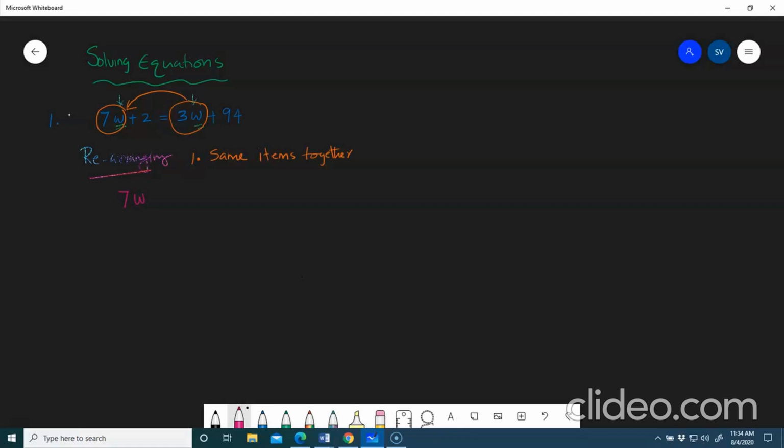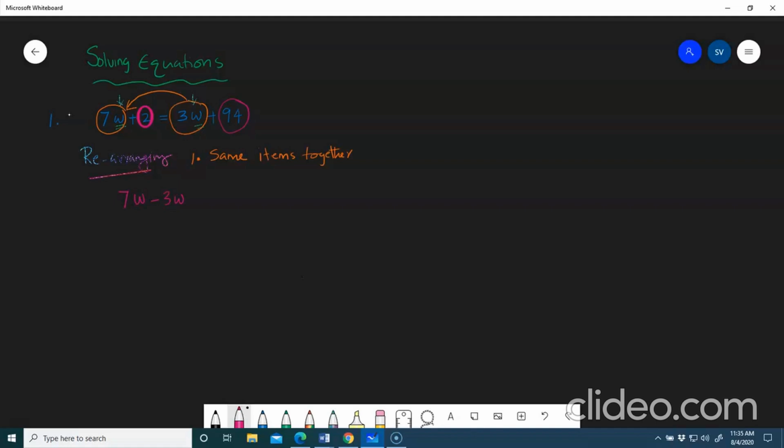If it is negative, it will become positive. So 3w is coming to the left side, so minus 3w. And as I told you before, same items together. Here we have a 2, here we have a 94. So this 2 and 94 need to stay together.